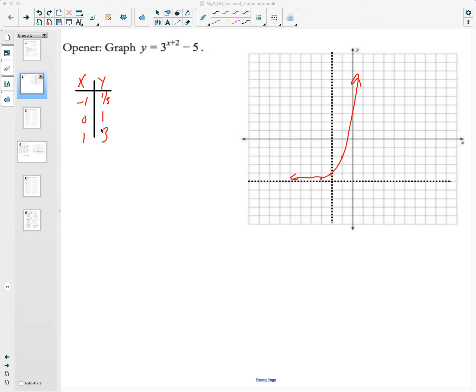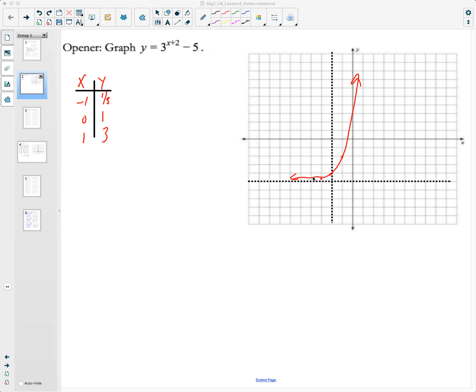And I typically use -1, 0, and 1. And so 3 to the -1 power would be 1/3. 3 to the 0 power is 1, and 3 to the first power is 3. And so you can see I went to the left 1 up a third, 0 up 1, and then to the right 1 up 3 from our new origin, which is right here. All right, and then there's the graph of our exponential.